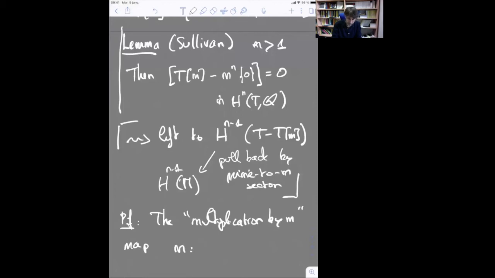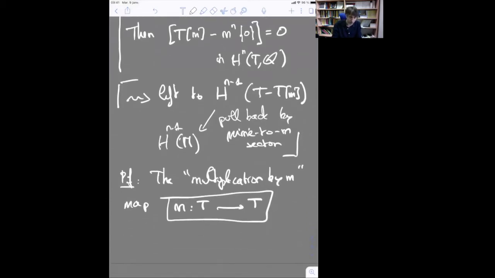So you multiply in the fiber, which induces a map from T to T, which is a degree m to the n covering. So it's a covering map of finite degree.